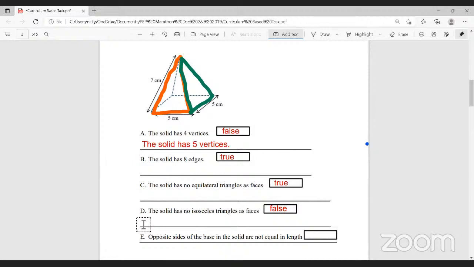I see that you guys are saying false, but how would we correct the statement? All right. Go ahead and type the correct statement in the chat. If it's false that the solid has no isosceles triangles as faces, what is the true statement going to be? What's the correct statement?